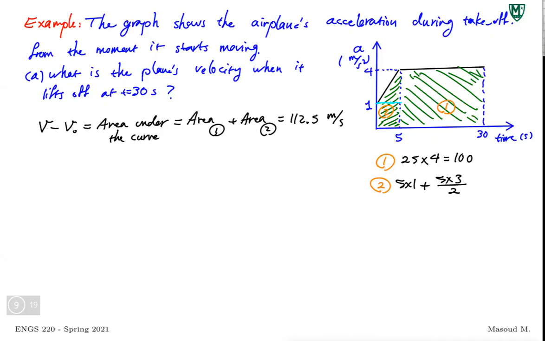This is V minus V naught, the area. From the initial moment to the final moment, the velocity difference is the area under the curve. Now, what is the final velocity at t equals 30 seconds?